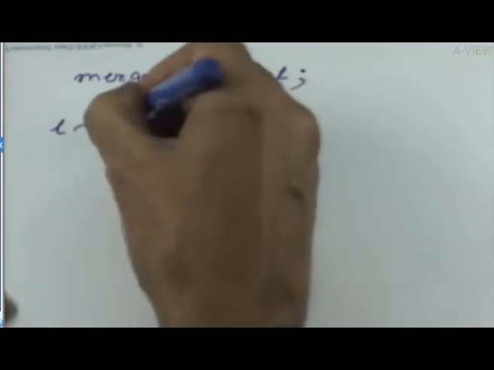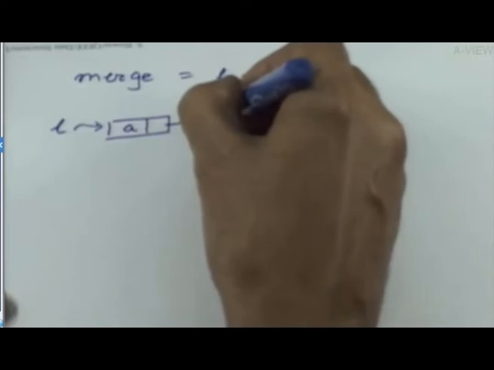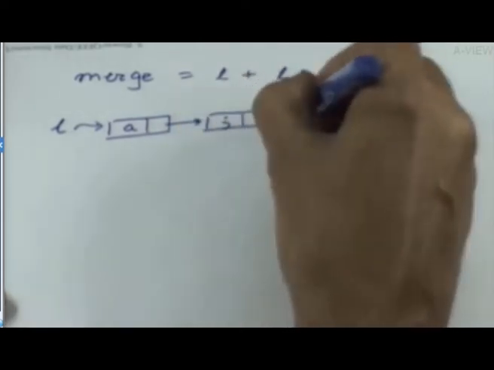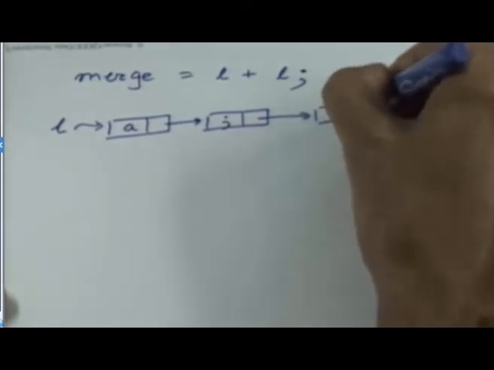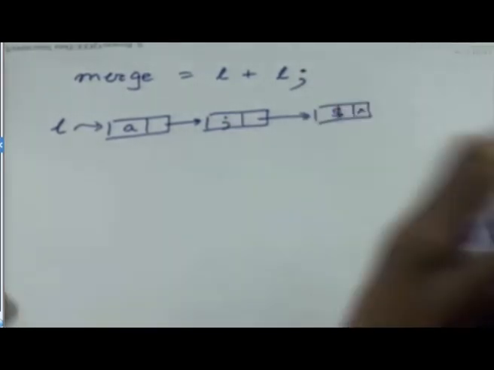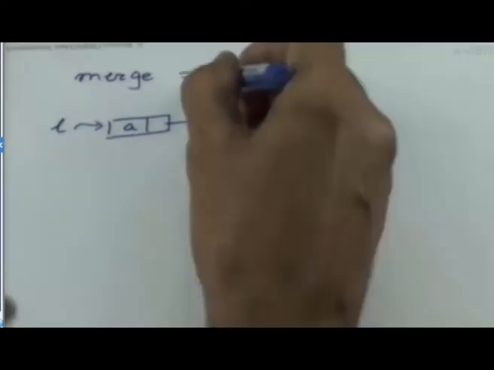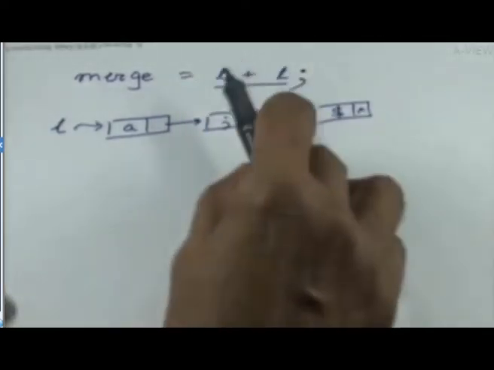Suppose your L was, let's say, an array of characters. So A followed by maybe semicolon, single character, followed by, let's say, dollar, and followed by, this is my null, which means it's the end of the list. Okay. So this is a short form for saying please concatenate L with itself. So what will it do?